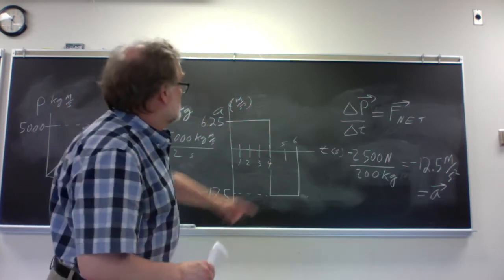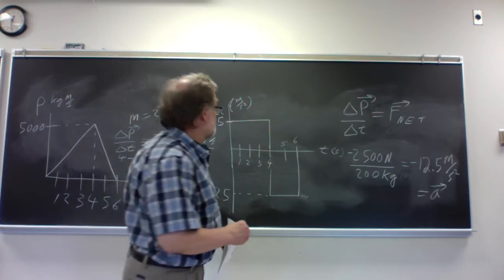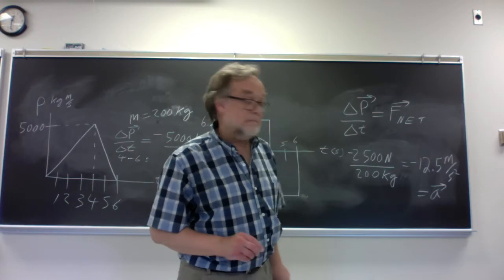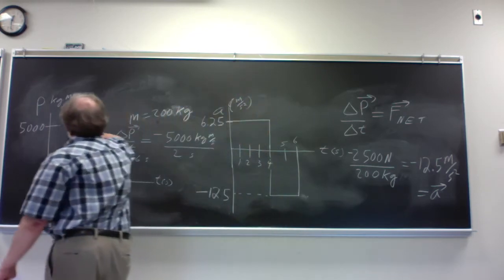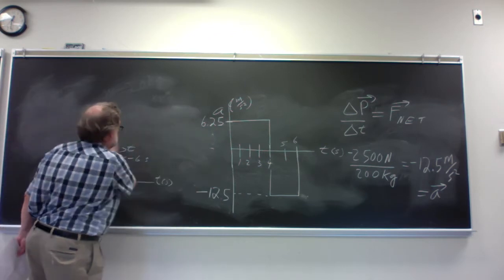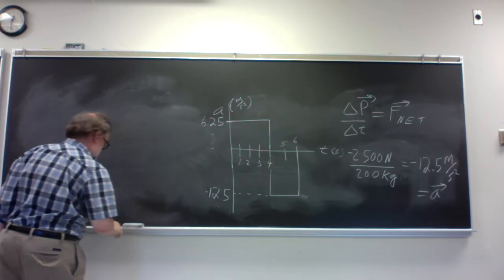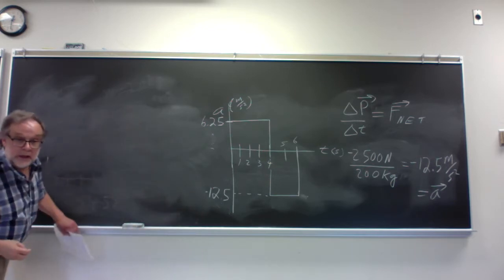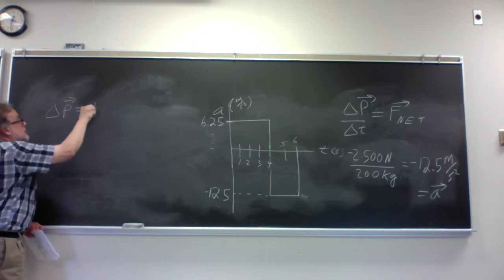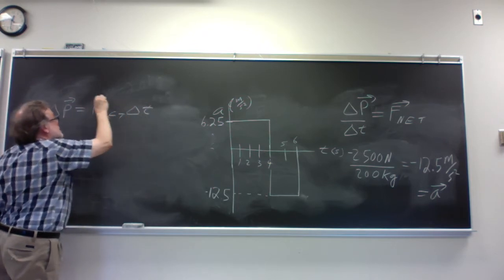Now, let's go back to that equation over there, which we've been using already, and just multiply both sides of that equation by delta t. So on the left-hand side, we now have just delta P, and on the right-hand side we have net force times delta t.